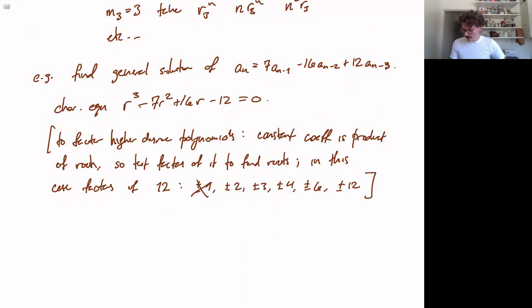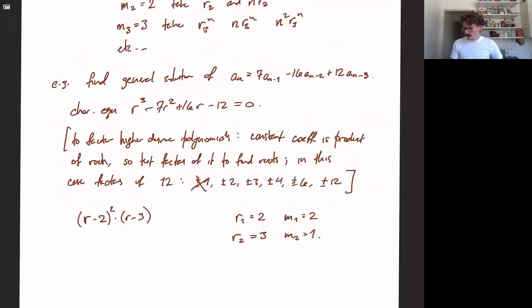So it factors as, in fact, it's got a double root, (r minus 2) squared times (r minus 3). So our first root is 2 with multiplicity 2, and our second root is 3 with multiplicity 1.